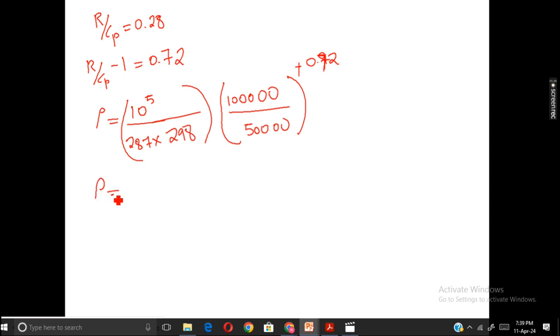So rho will have a value of 10 raised to 5 divided by 287 into 298, into 1000 by 500, which is basically 2 raised to 0.7.